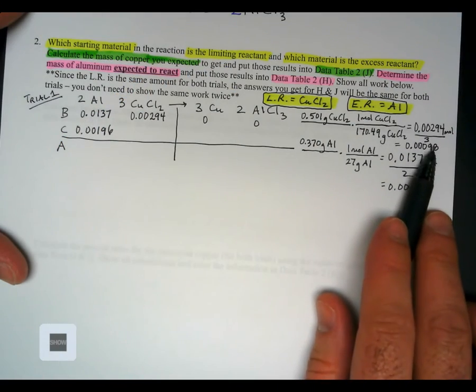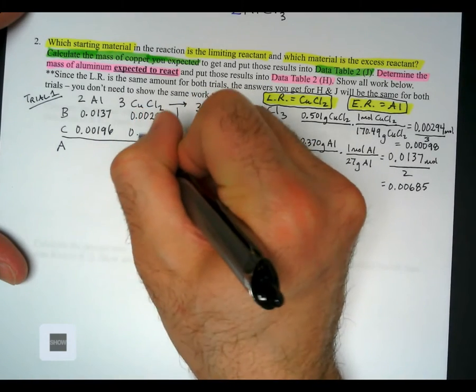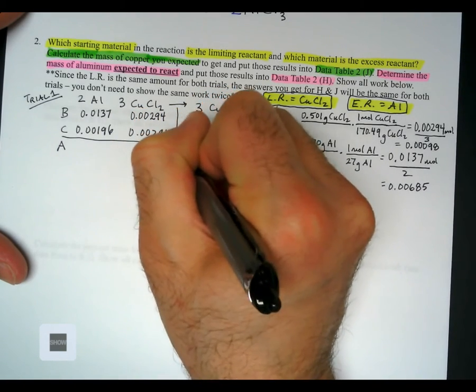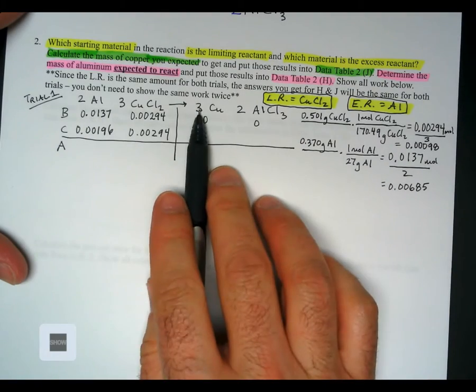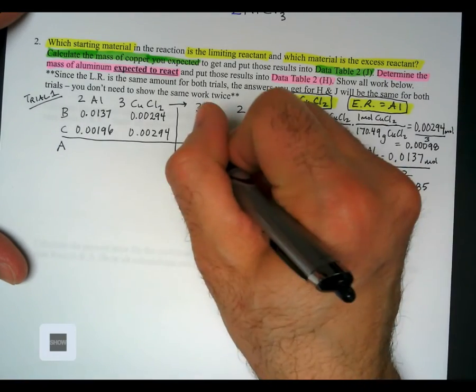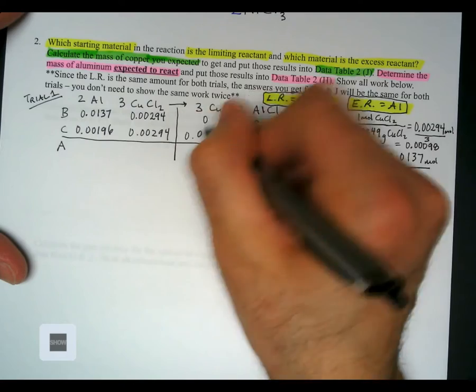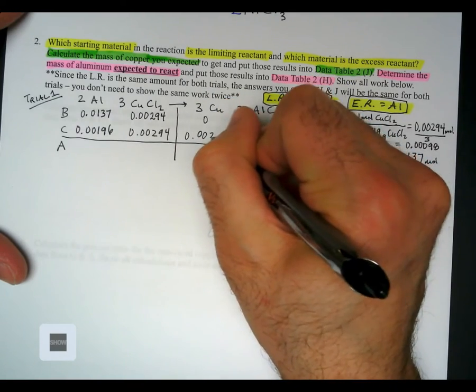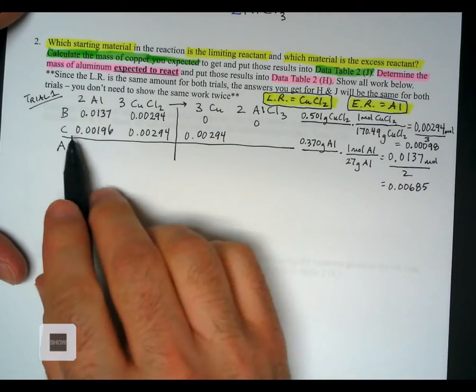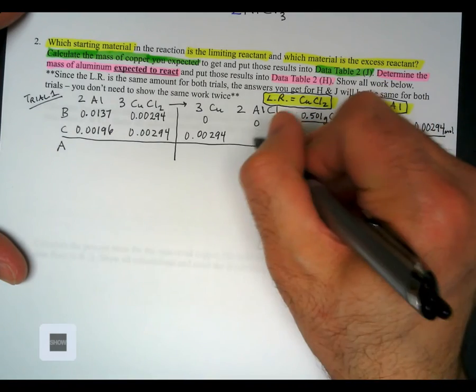Now times 3 is just undoing what we divided by 3 here, so it's just going to be this number. So it'll be the same as what's above it for the CuCl2. And then times 2 is the same as what you did to the aluminum, so it'll be that number.